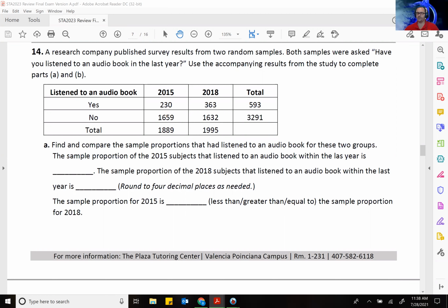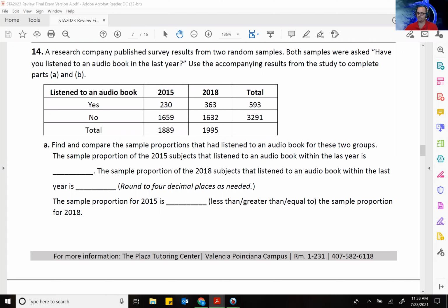So that's the 2015. And then the sample proportion for 2018 subjects that listened to an audiobook within the last year is blank. 0.1820. Well, how'd you get that? I divided 363 by the total, which was 1,995.